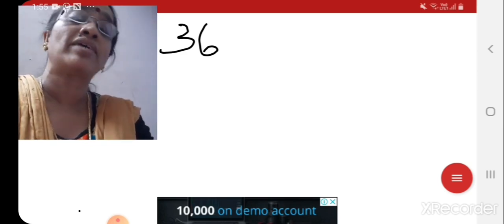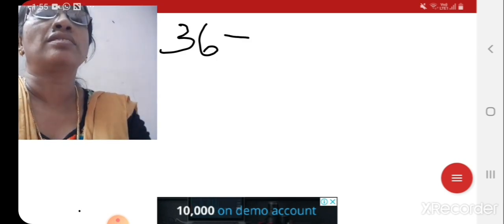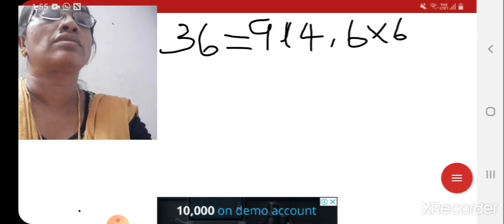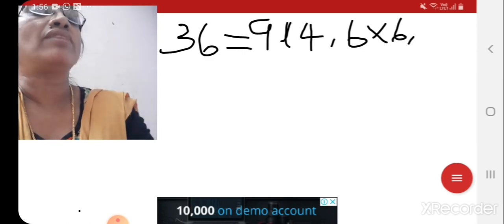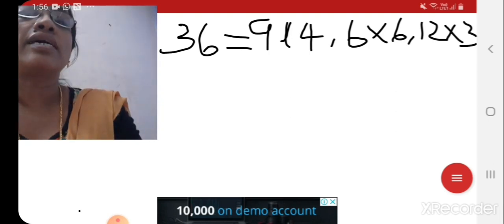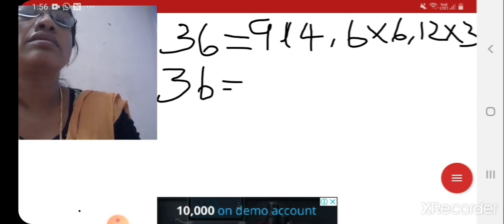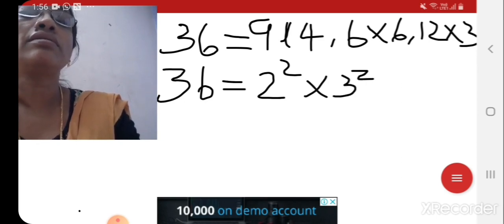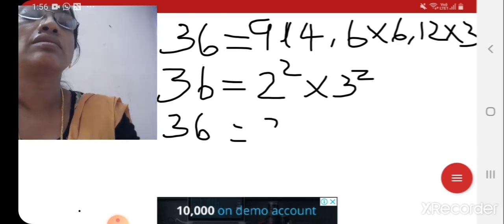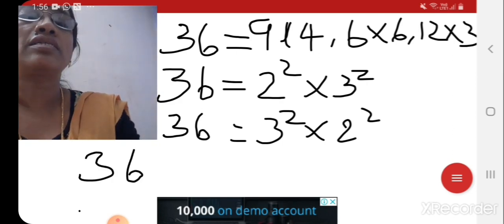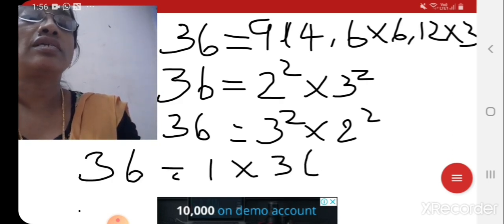First way: 36 equals 9 into 4, then 6 into 6, then 12 into 3, then 2 square into 3 square, or 3 square into 2 square, or 1 into 36.